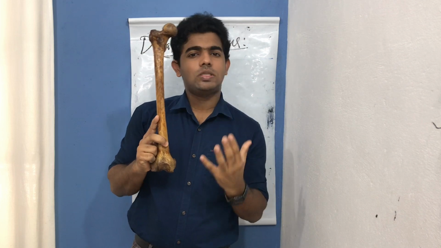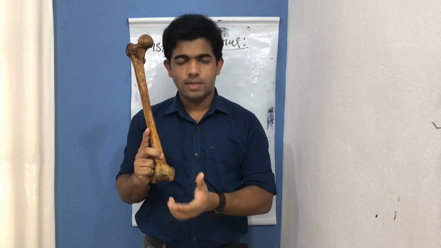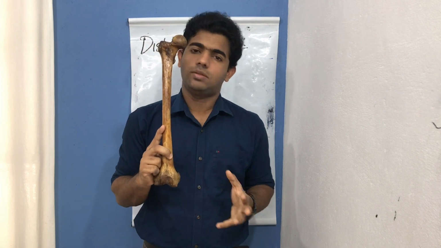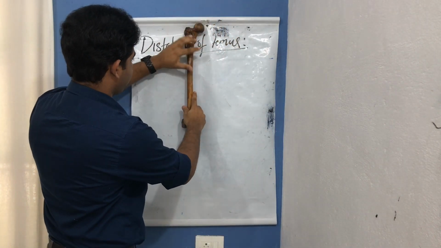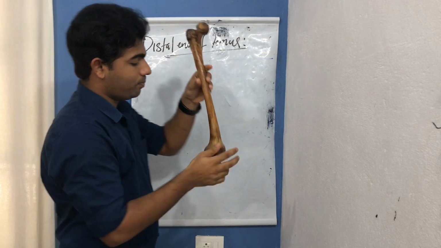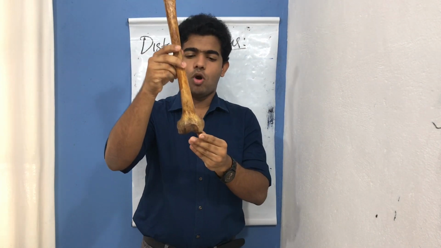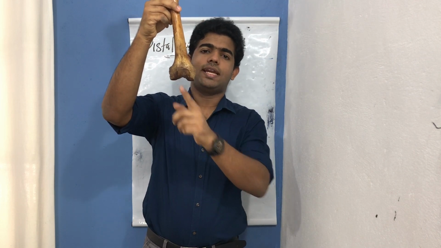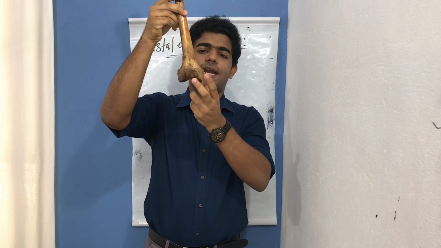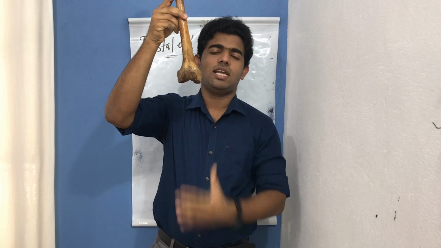Now, what are the peculiarities of these condyles? Of course, these condyles will have some peculiarity that makes the knee joint complex. If you look at the knee joint complex like this, can you differentiate between the medial condyle and the lateral condyle? In literature, we study that the medial condyle is larger than the lateral condyle.